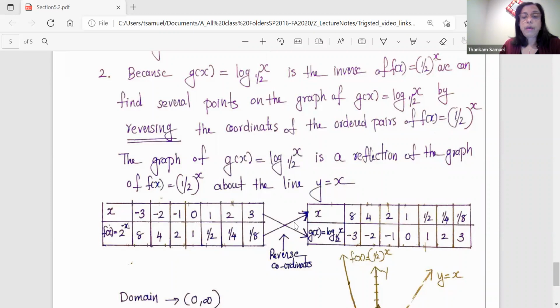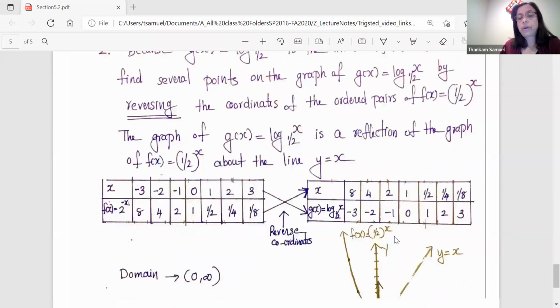So since our logarithmic function is the inverse of this exponential function, the domain of the exponential function becomes the range of the logarithmic function, and the range of the exponential function becomes the domain of the logarithmic function. So we can find several coordinates for the logarithmic function by reversing the coordinates of the exponential function.